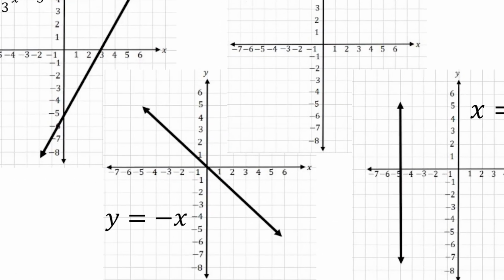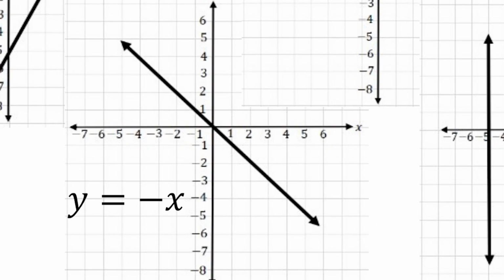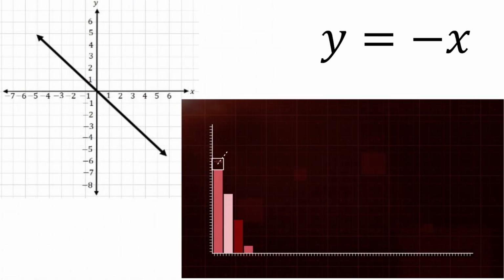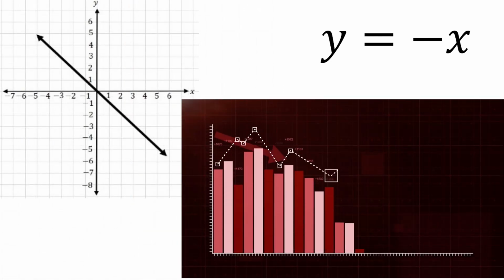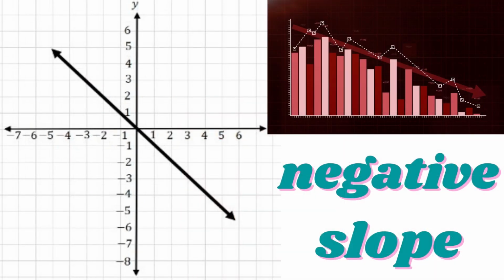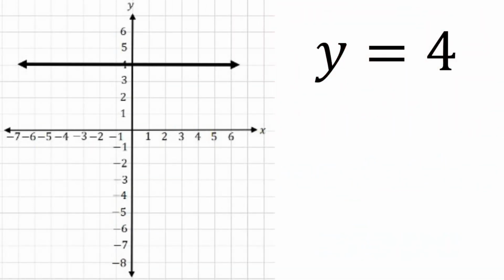What about the graph of y is equal to negative x? What is its slope? The line falls from left to right. Therefore, its slope is negative. Let's move on to the graph of y is equal to 4.